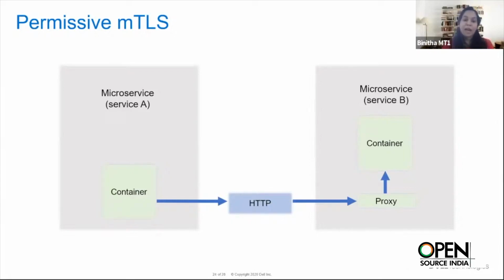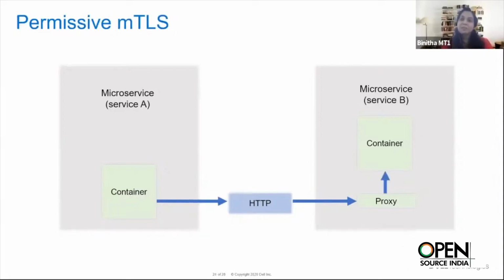If you have a microservice service A and a service B, which has a container, but you have not put your Envoy proxy in service A, and it is HTTP, the connection will be made over plain HTTP and sent to the service B proxy, and from there, looking at the access policies, the request will be granted or denied.